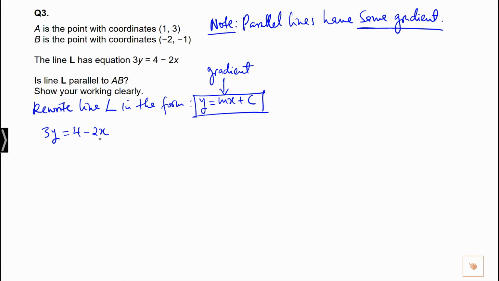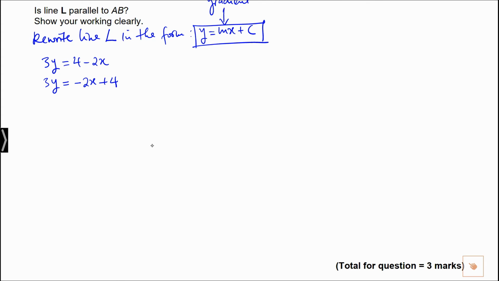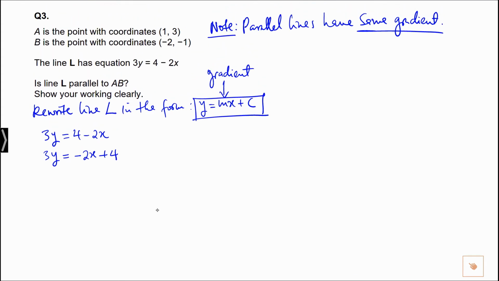I'm just going to swap these two numbers. So 3y will be equal to negative 2x plus 4. And then you divide both sides by 3. We shall end up with y equals negative 2 over 3 x plus 4 over 3.